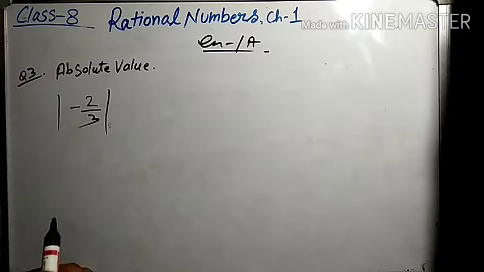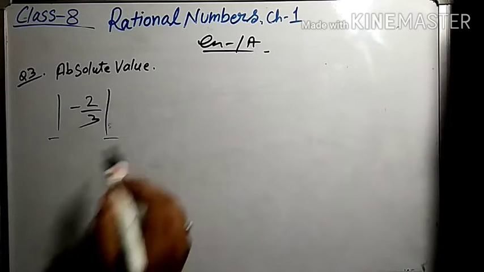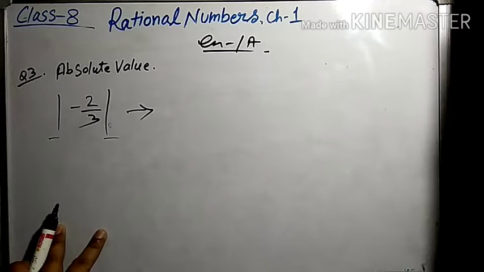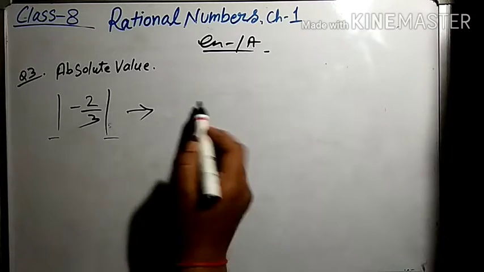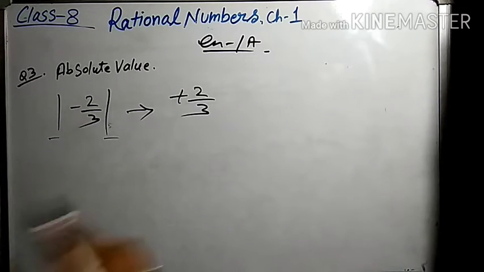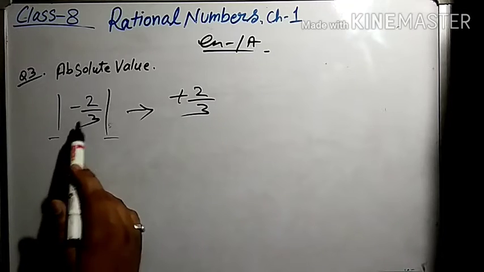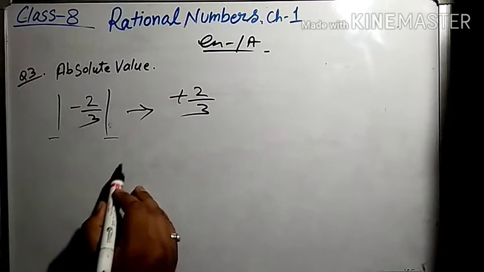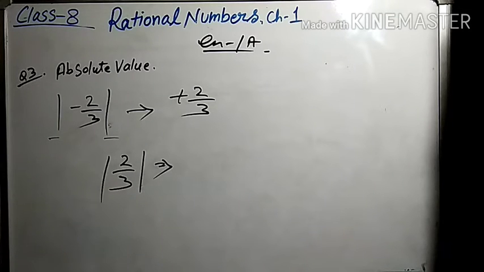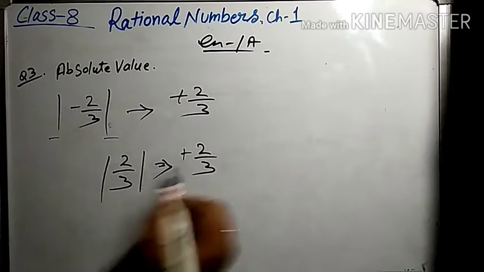the given rational number. So if we write these two vertical lines, then it is known as the absolute value of minus 2 upon 3. So the answer will be plus 2 upon 3. Even if, suppose in place of minus 2 upon 3, they have given 2 upon 3, and we have to find the absolute value of 2 upon 3, then also the answer will be plus 2 upon 3.